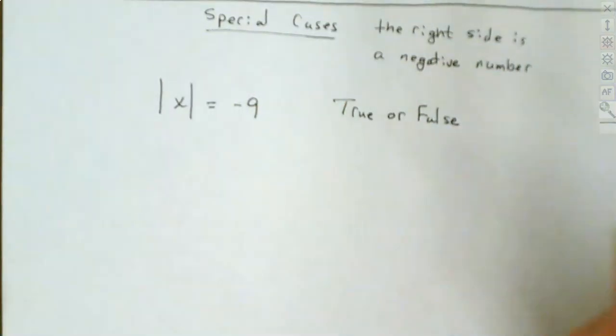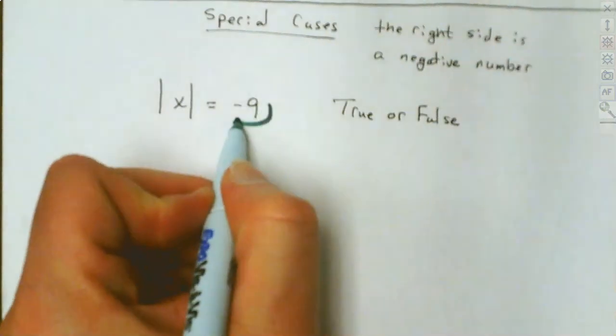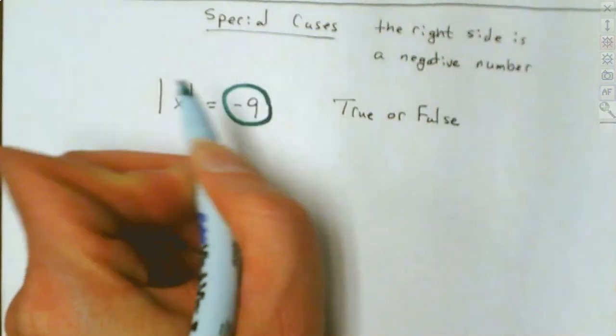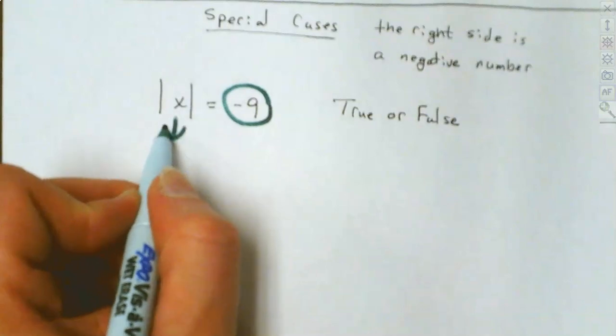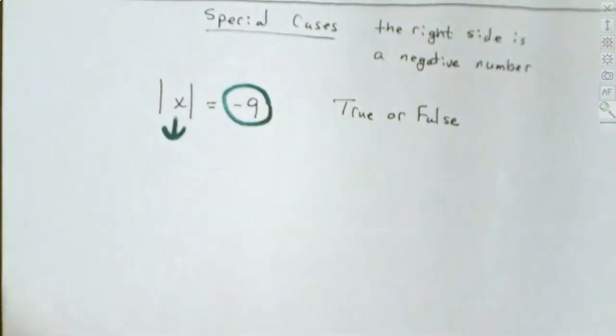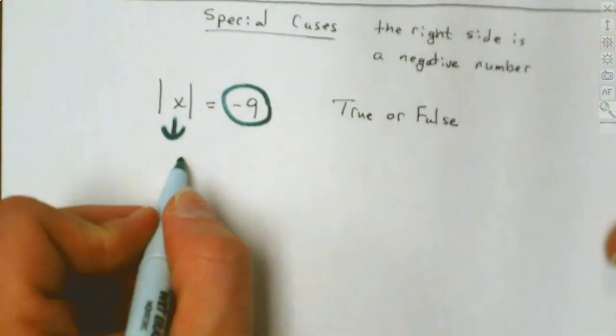Look at this -9 and look at the absolute value. Now, what do we know about an absolute value? By definition, an absolute value always comes out to be what? Positive or what? 0. Okay, so we're just going to assume it's positive for right now.